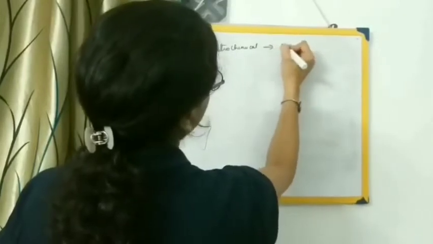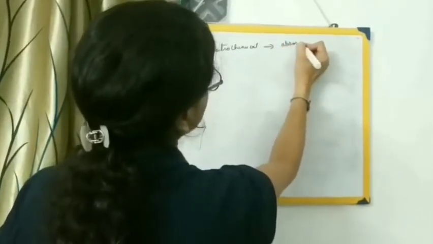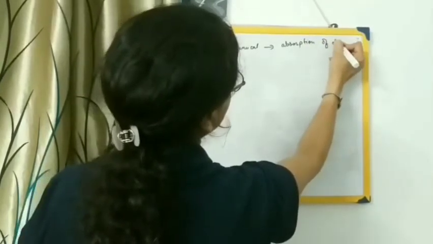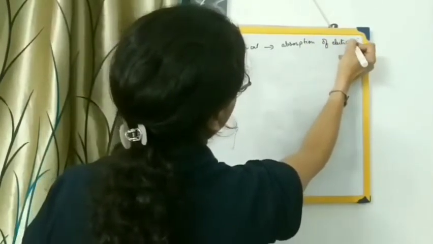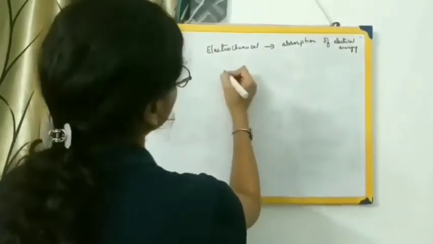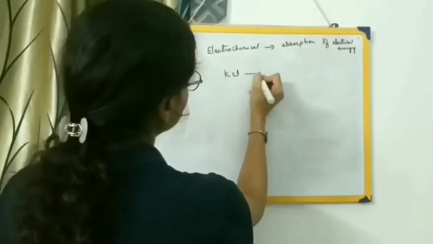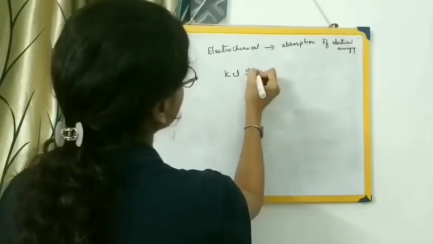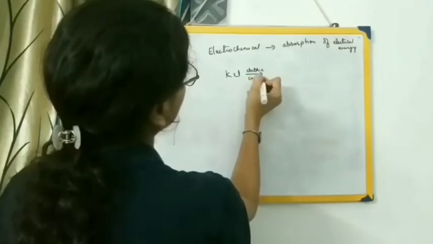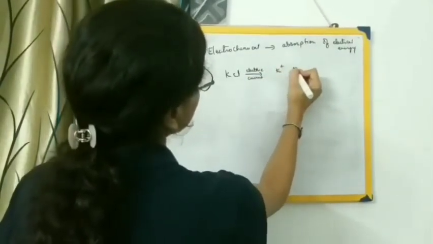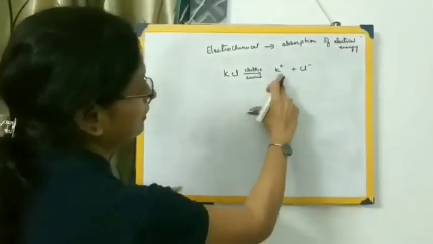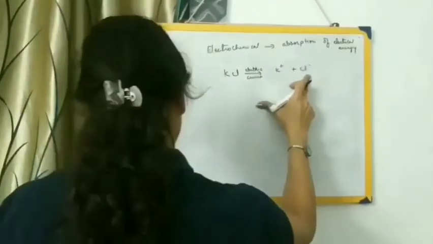It takes place by absorption of electrical energy. Let us have at least one example, that is potassium chloride. When we pass an electric current into it, it will form K plus and Cl minus ions, that is, it will split up, forming the positive and the negative ion.